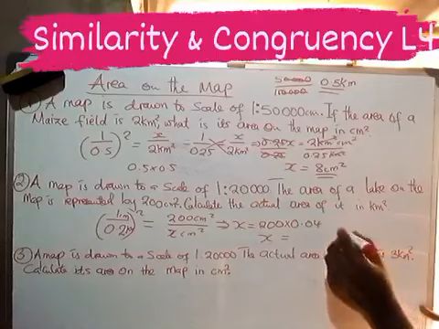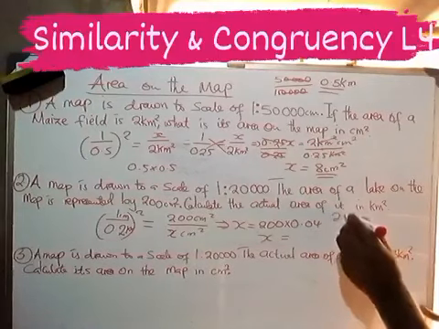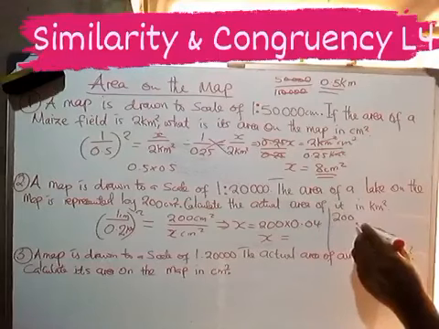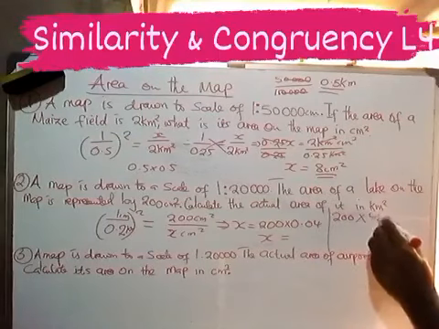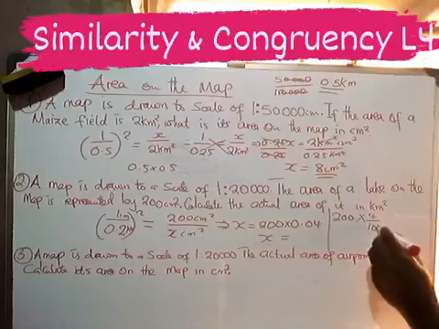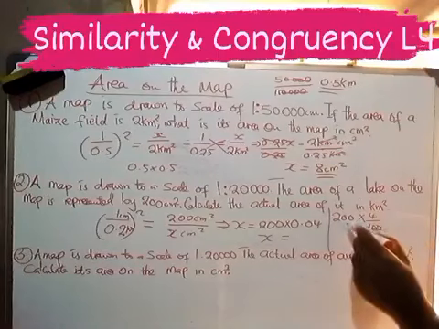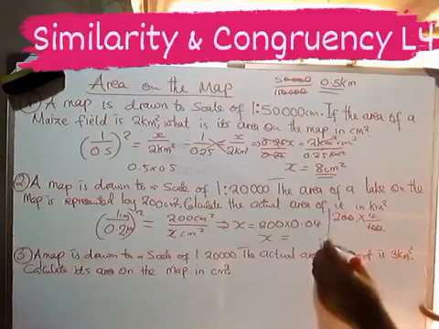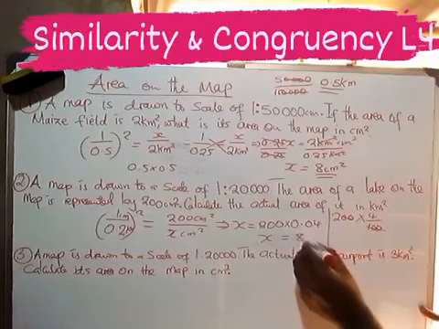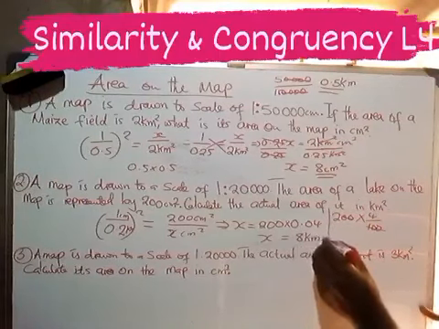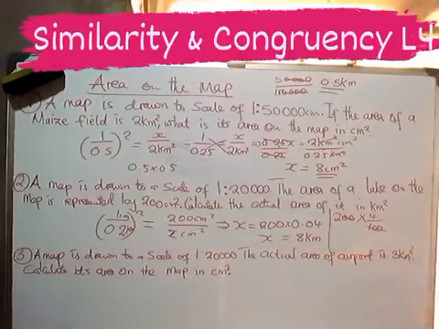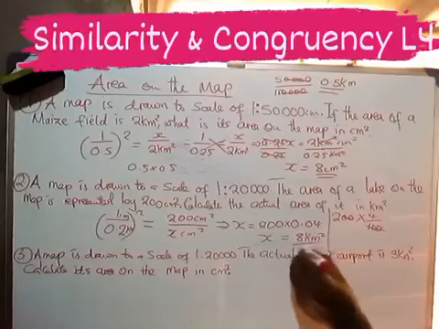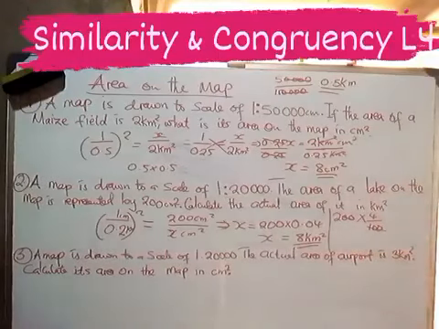Now this is paper 1, meaning you have to show your working nicely. So the working can be 200 multiplied by 4 over 100. Then 100 into 200 goes 2. 2 multiplied by 4, we have 8. So we have 8 kilometer squared as our answer.